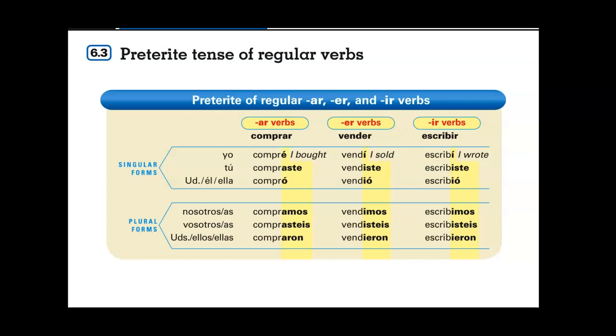The same for IR: yo escribí, tú escribiste, usted, él, ella escribió, nosotros escribimos. Skip vosotros, and we have ustedes, ellos, ellas escribieron. You need to fill in your chart with the correct endings.